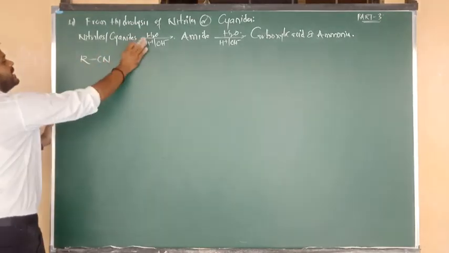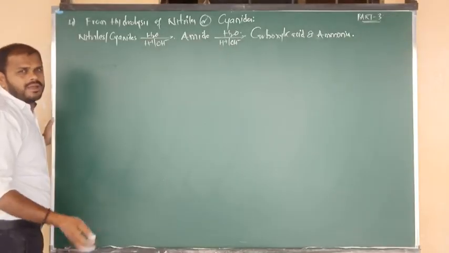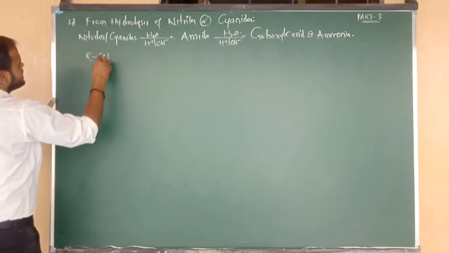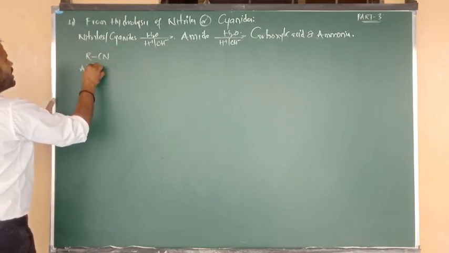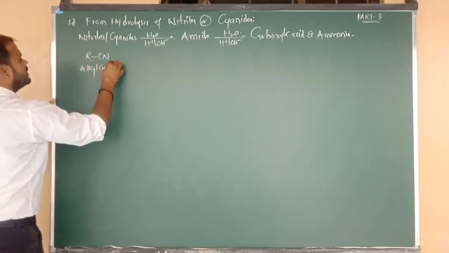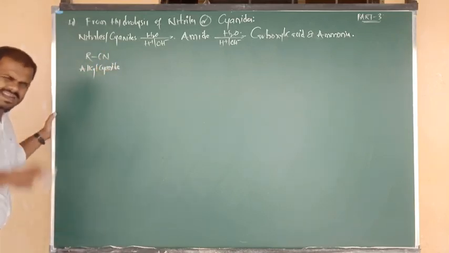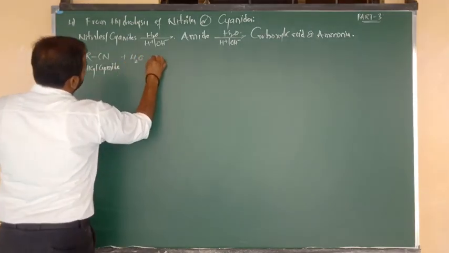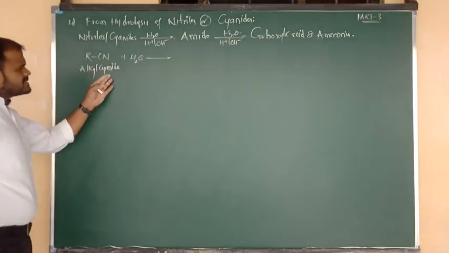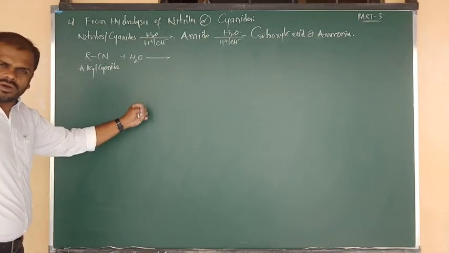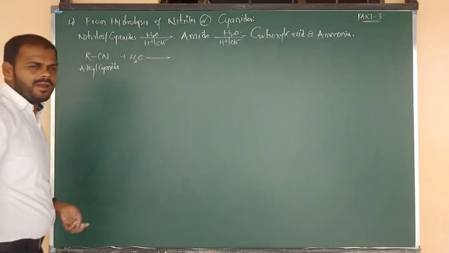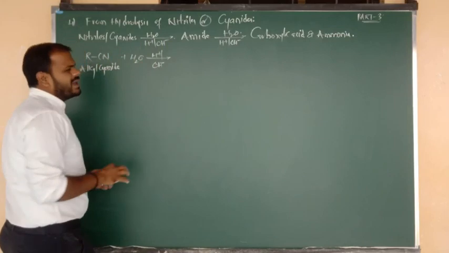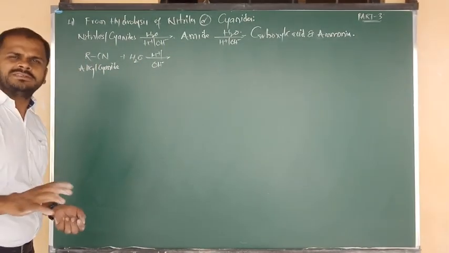The aliphatic alkyl nitrile is R bonded to CN, called alkyl cyanide, or simply nitrile. It undergoes hydrolysis, the addition of a water molecule, in acidic medium, and also we can do the reaction in basic medium. In any medium we can proceed with the reaction.